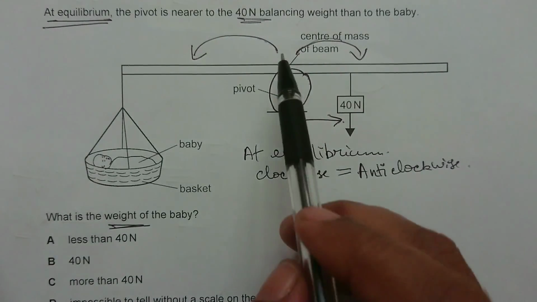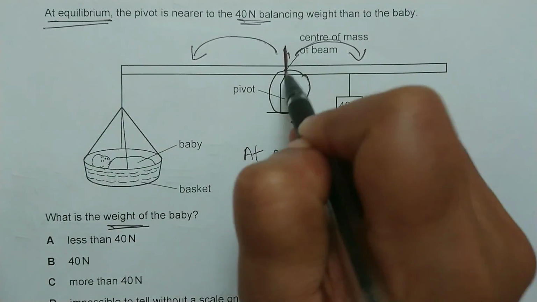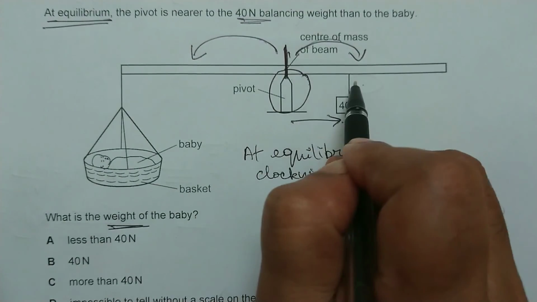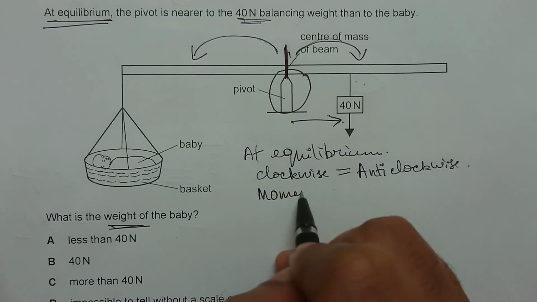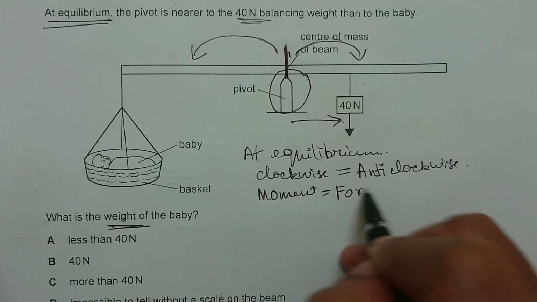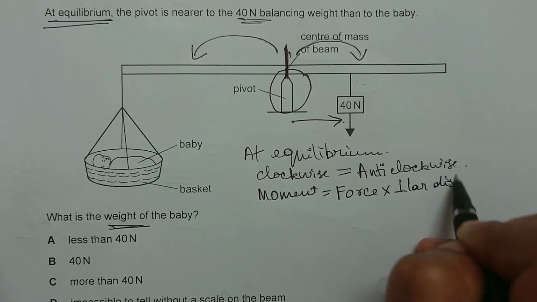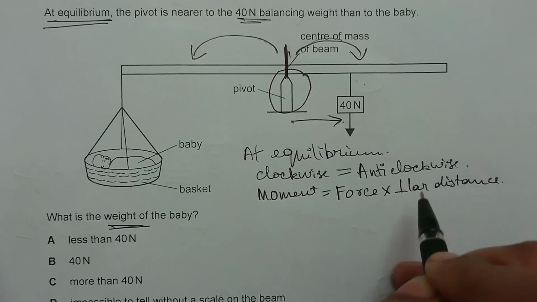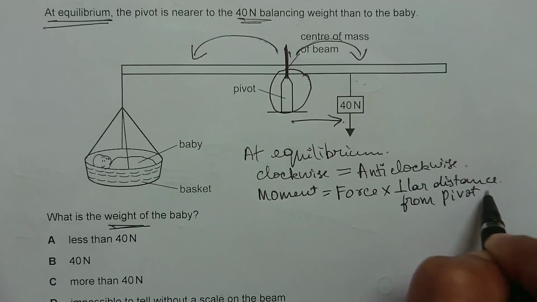We know that we measure moment from the pivot. Always moment is measured from the pivot. Correct? What is the formula for moment? Moment of a force is equal to force times the perpendicular distance from the pivot. Correct?